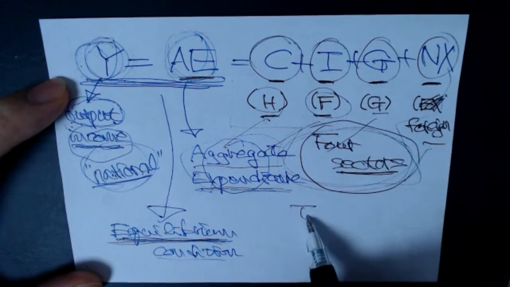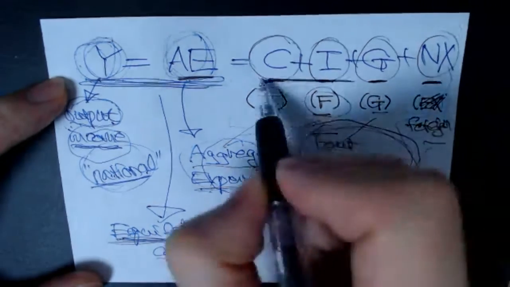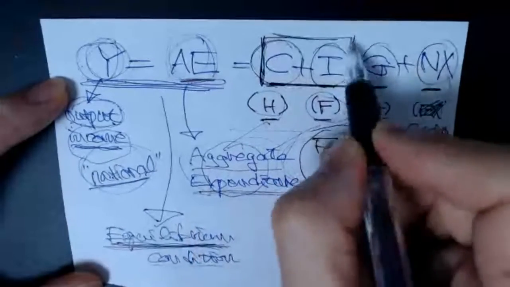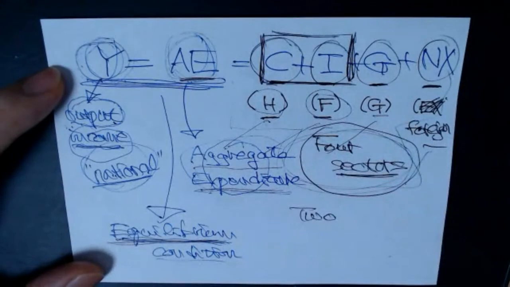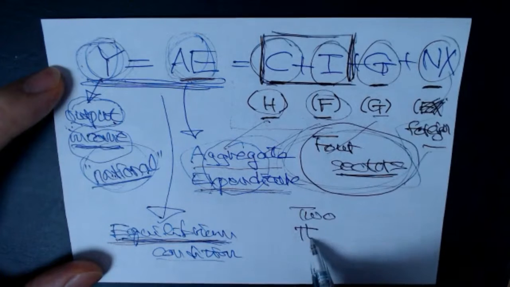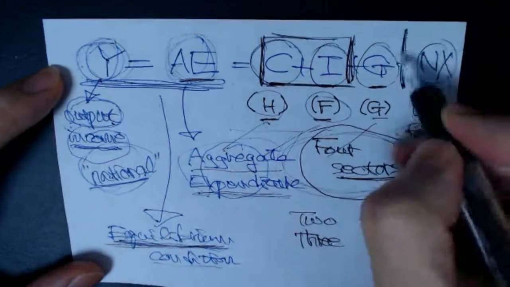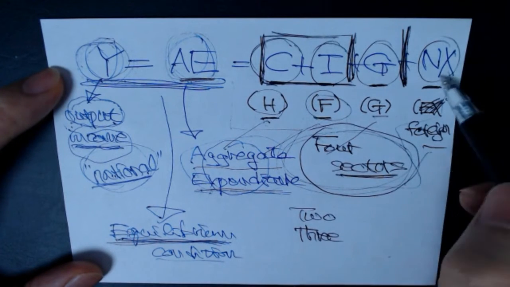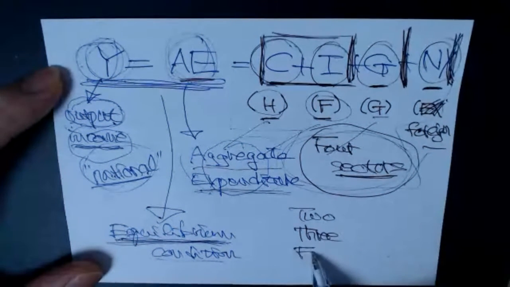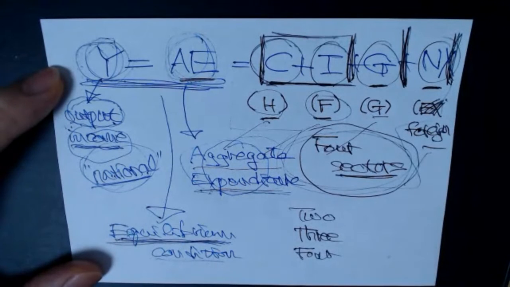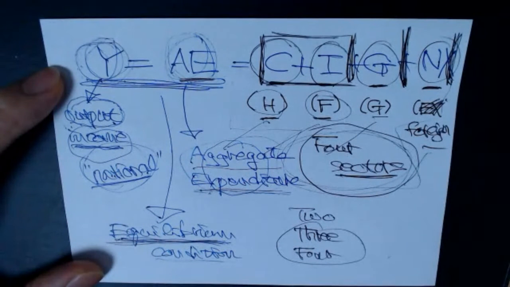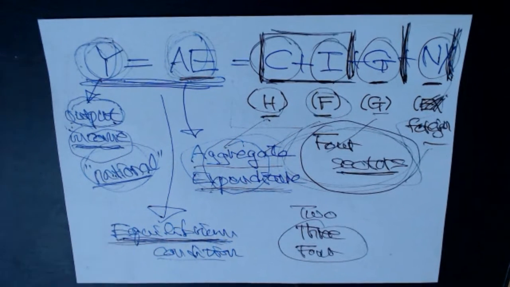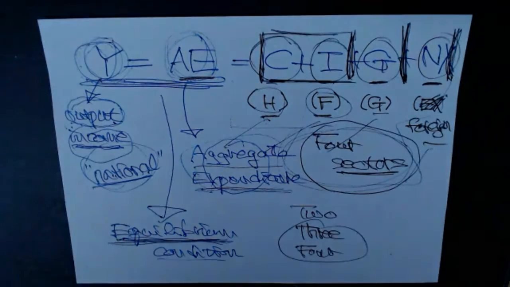When we talk about 2 sectors, we consider the first 2 only, which we will do today. When we talk about 3 sectors, we will consider up to government. We will do that next week and extend to the last one, NX, the 4-sector model. So both 3 and 4 sectors we'll talk about next week. Any question up to this part?